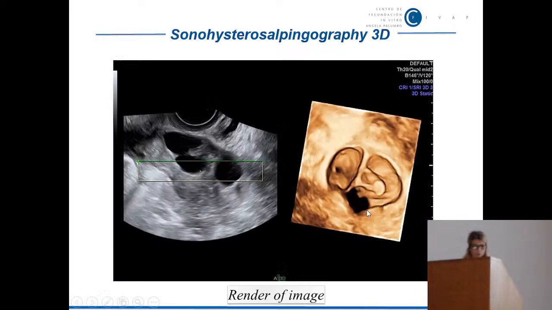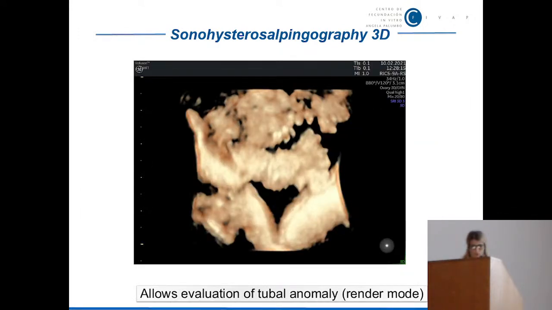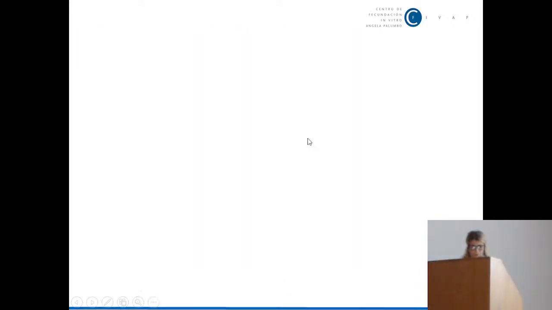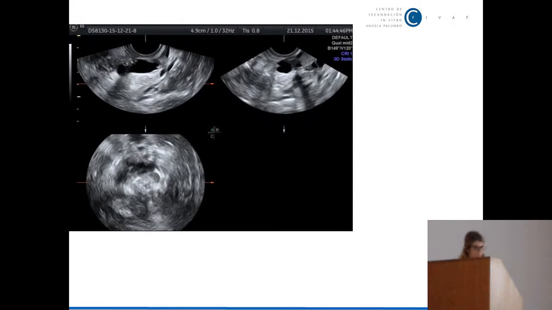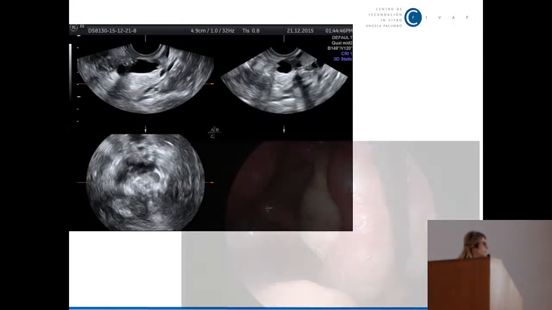And we control all portions of the tube. So with the rendering mode, we evaluate tubal morphology and fimbria morphology. And we have confirmed the diagnosis with laparoscopy.